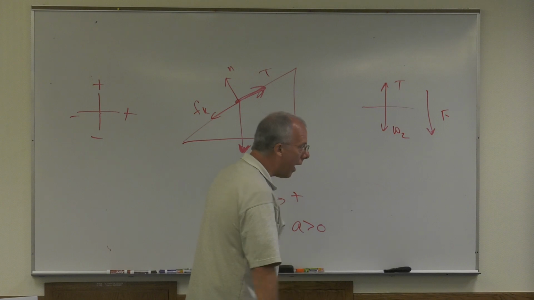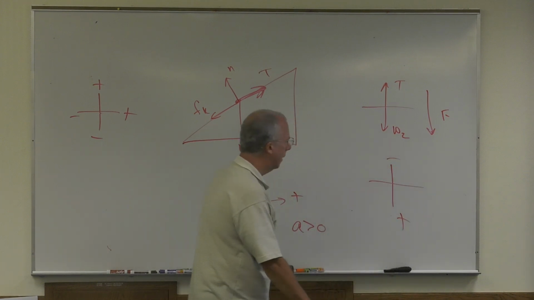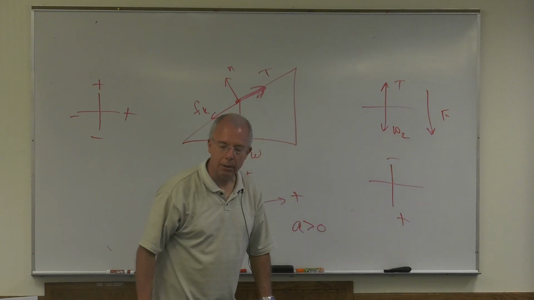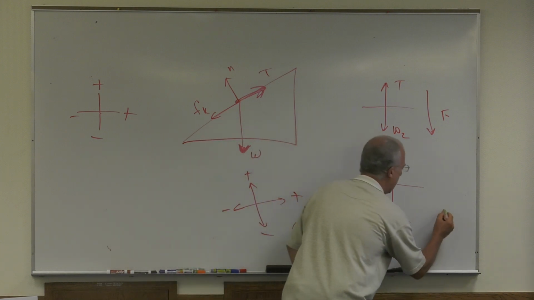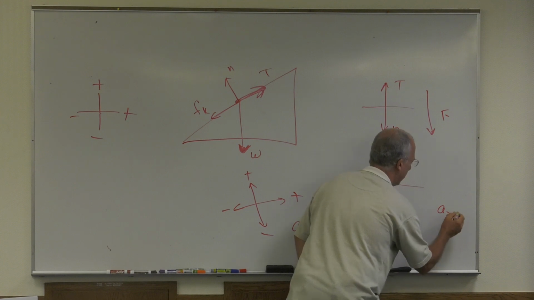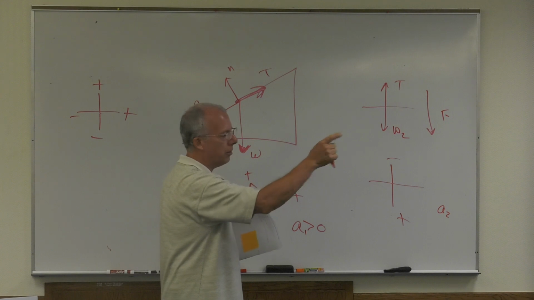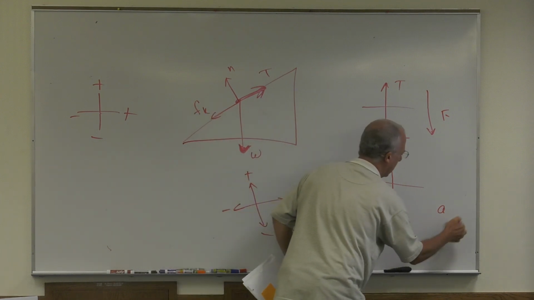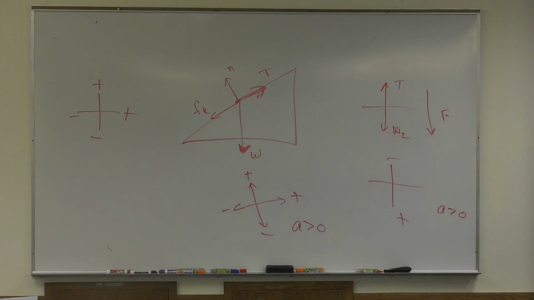So for this one, I'm going to use this coordinate system, so down is positive, and that means that this is A1, this is A2. But wait a second, aren't they the same acceleration? Well, of course. If the rope doesn't do anything weird, this acceleration is going to be the same as that acceleration. So if you just switch the coordinate system on this one, the accelerations are both the same.